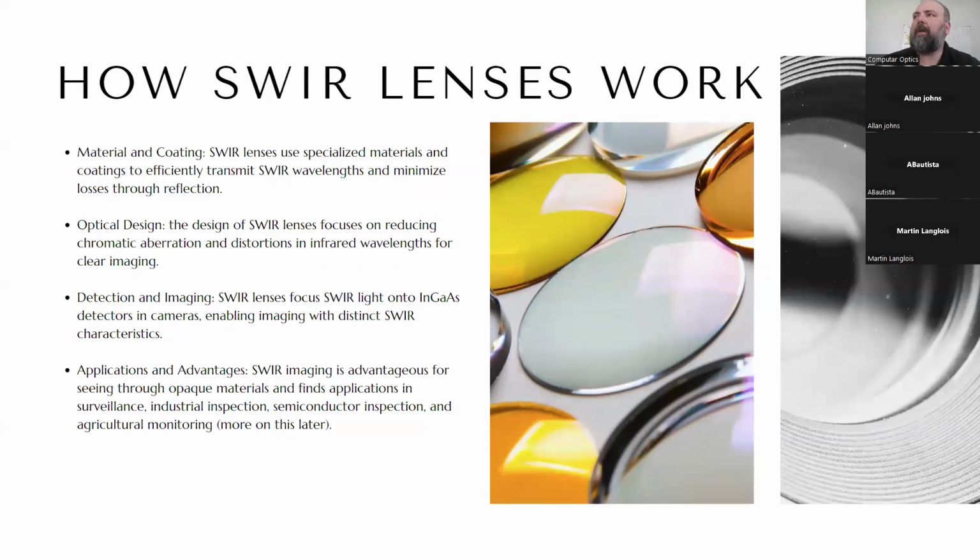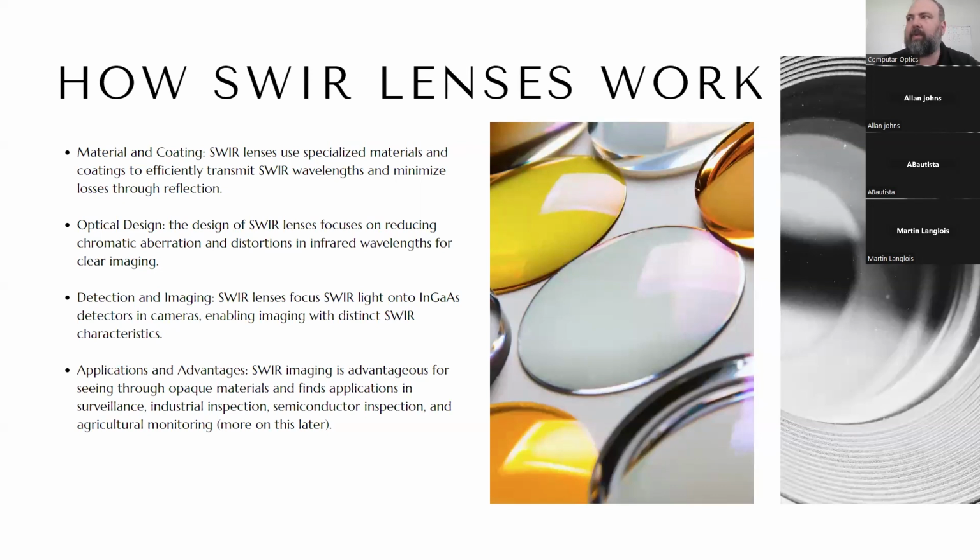So let's talk about how SWIR lenses work. First, you're going to have the material and coating. That's the special coating over the actual physical lens elements. They're coated specifically to transmit within that SWIR wavelength and minimize losses through reflection. Next, another very important one is the optical design.